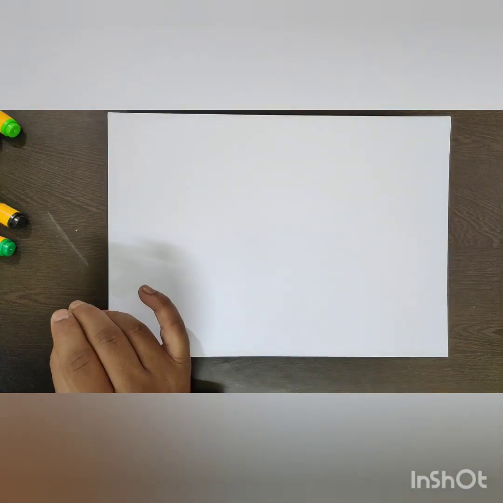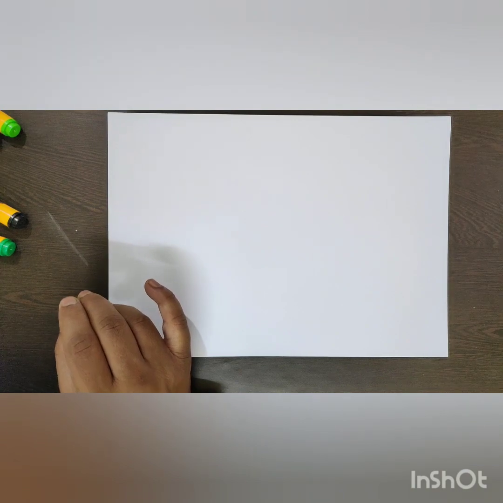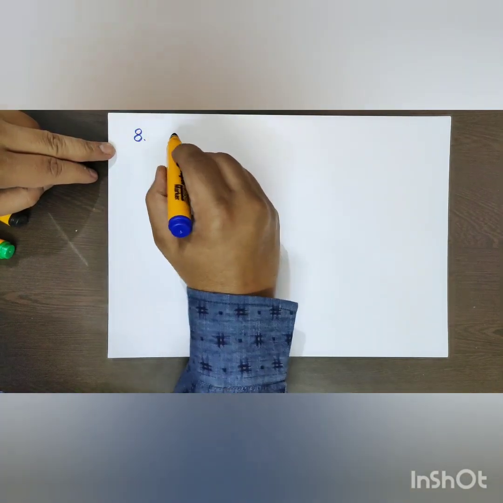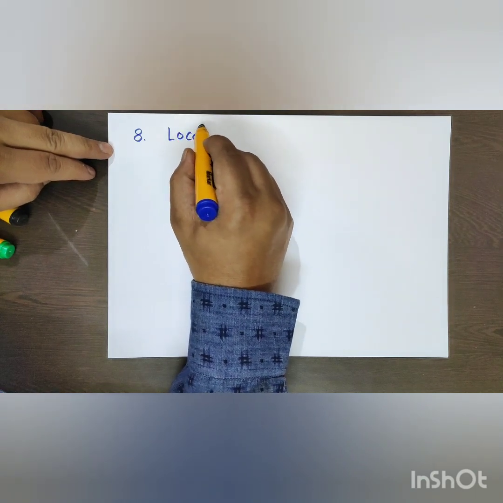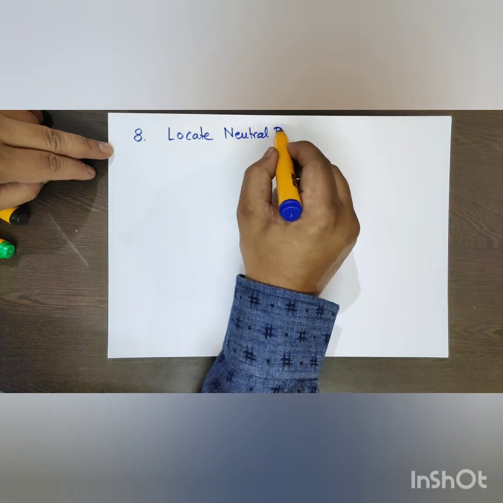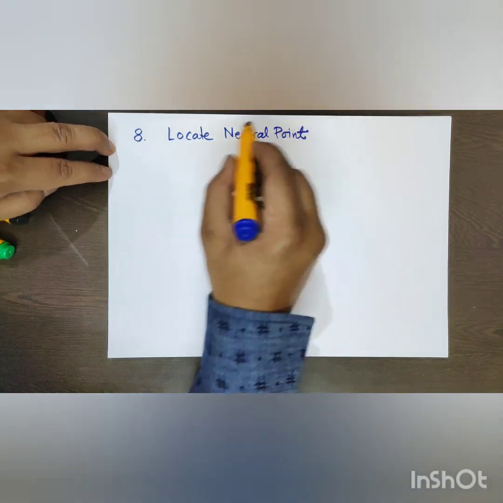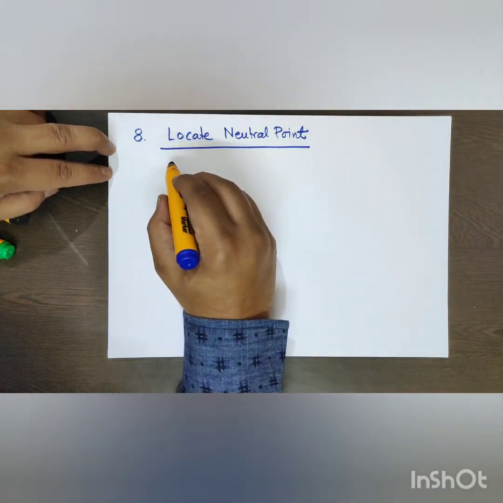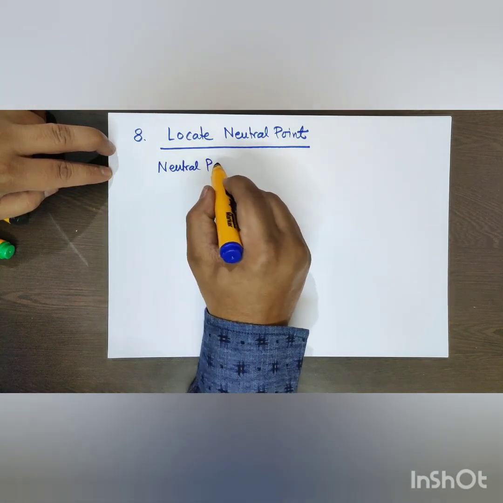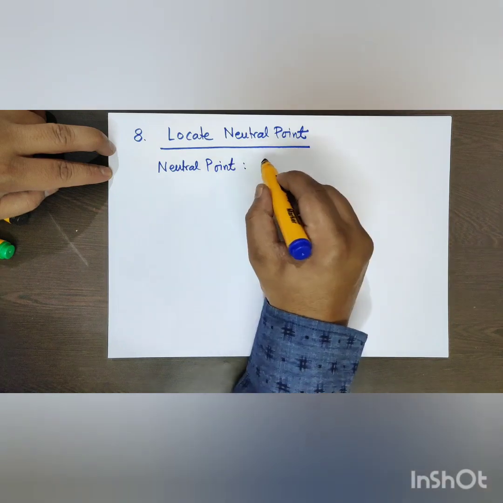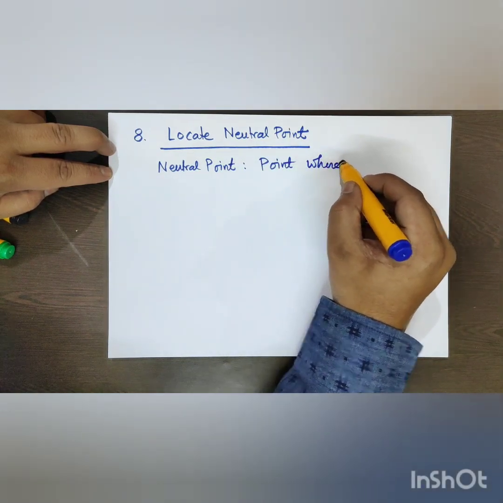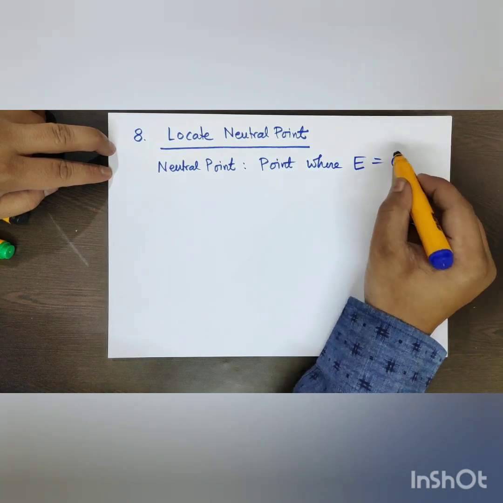Next, problem number 8, we will locate the neutral point. What is a neutral point? Neutral point means the point where the electric field E is equal to 0.